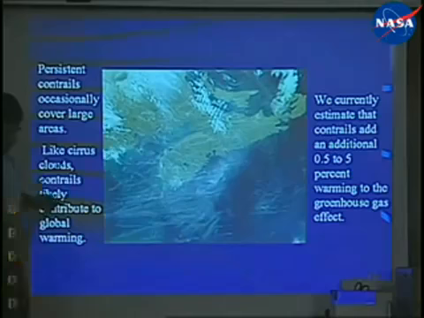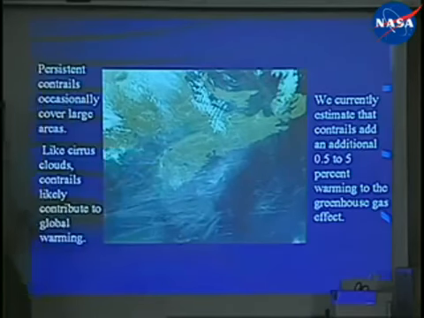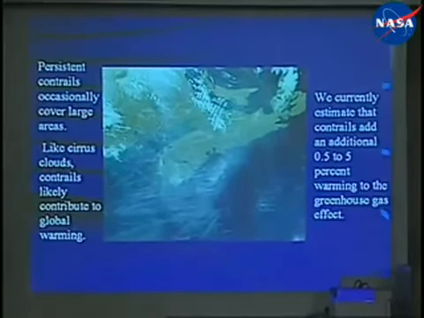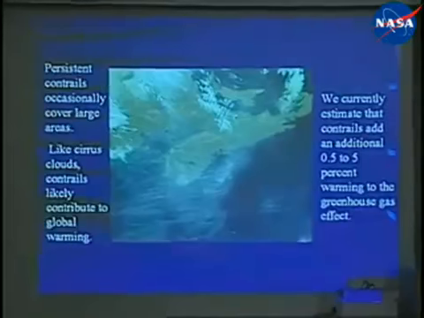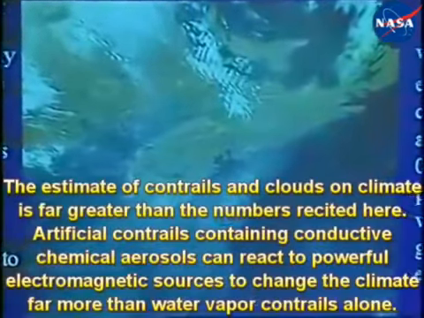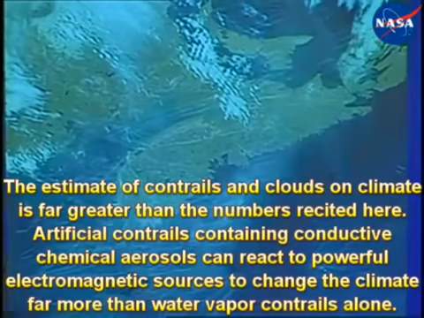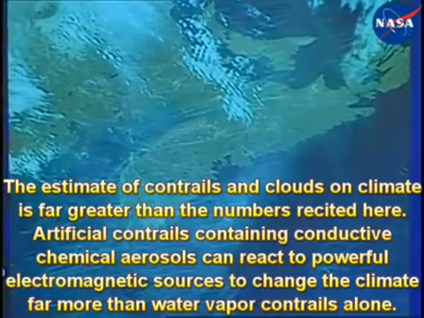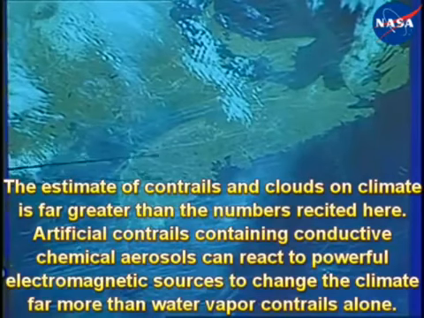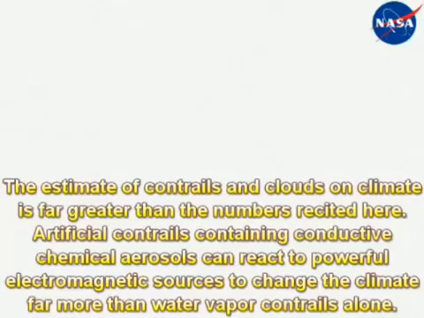So we currently estimate that the contrails, based on how many we can see and measure, probably add somewhere between 0.5% to 5% to the warming compared to the greenhouse gases. So if the warming caused by greenhouse gas were 1, we would say that the contrails are either 0.05 or 0.005.